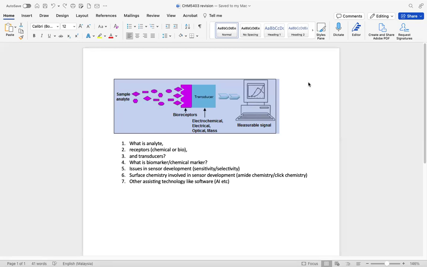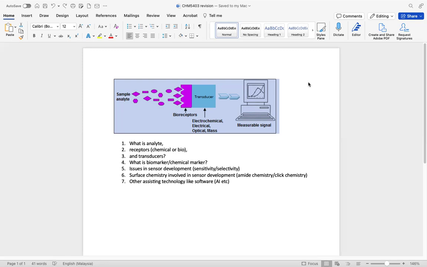Those kinds of sensors are very important because they give early warning, so people can be evacuated as soon as possible, including for tsunami. Tsunami also has sensors, which might be based on physical sensors.